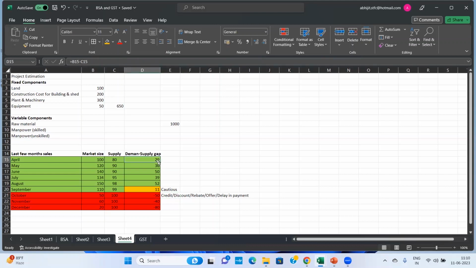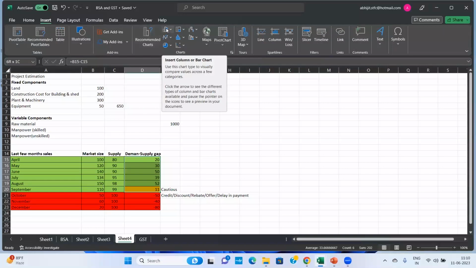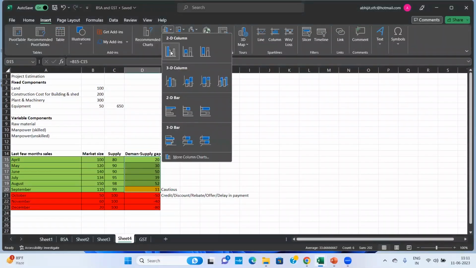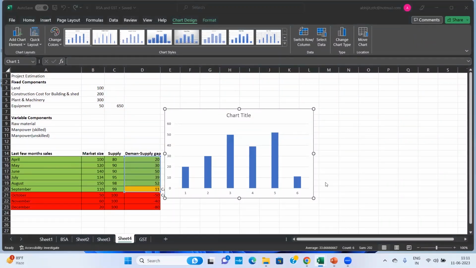Correct. So this is the graph which comes out. At this stage, I should be cautious.